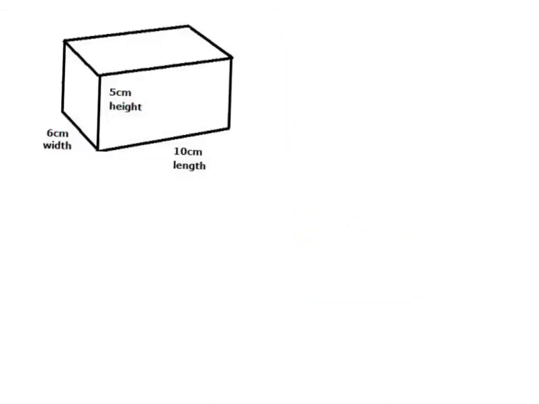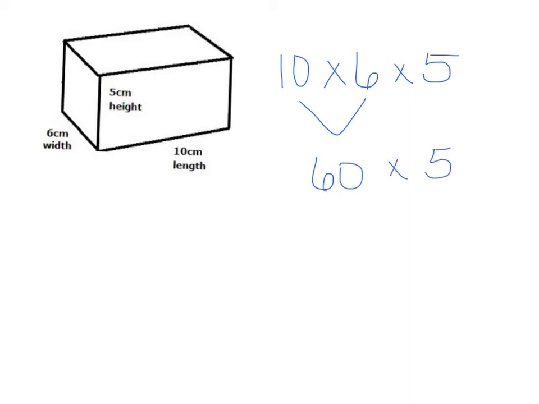Here we have another rectangular prism, and we have our length 10 centimeters, width 6 centimeters, and our height 5 centimeters. So when we go ahead and we multiply length times width times height, we have 60 times 5. Now watch this.